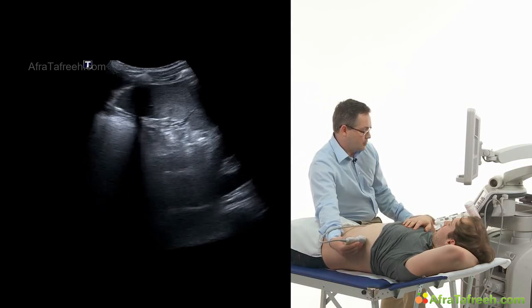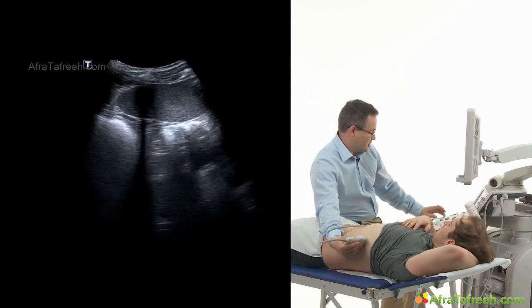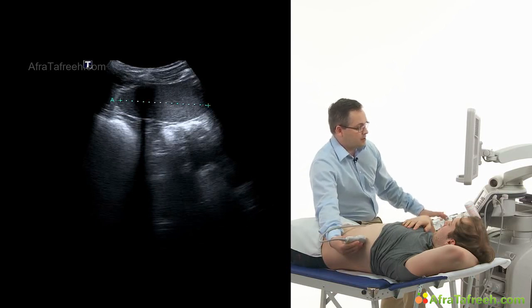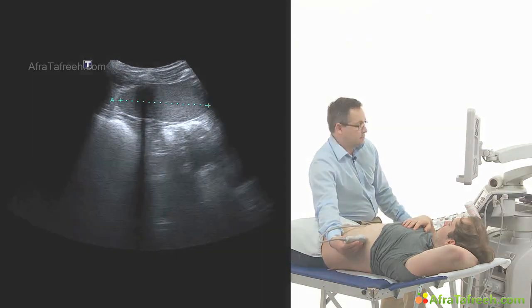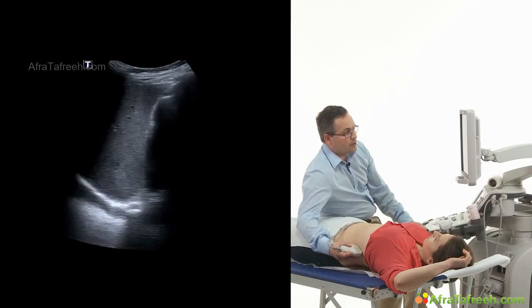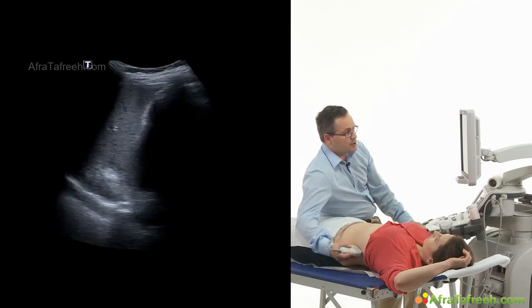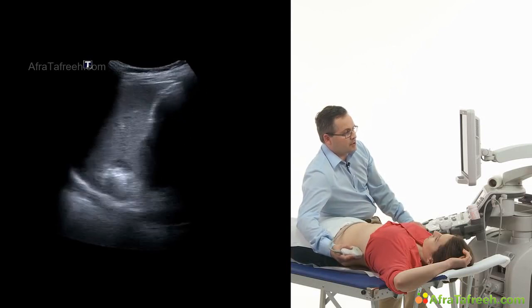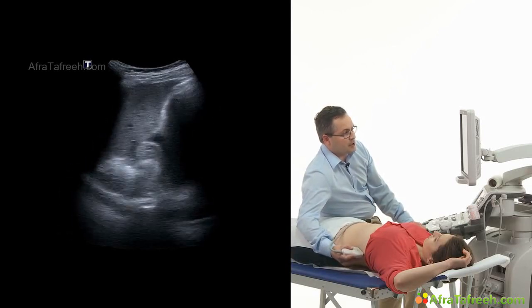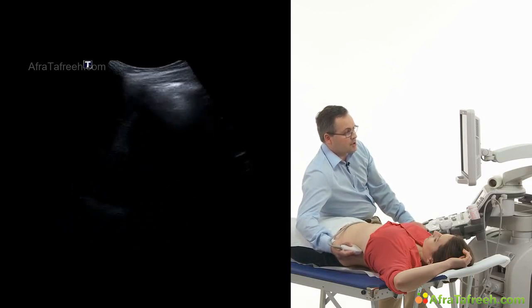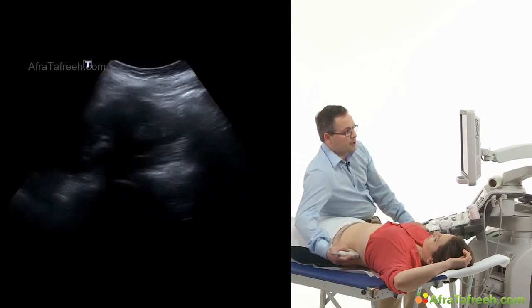We can perform the third measurement in this plane, which should not exceed 7 centimeters. It's 7.5. When we scan the whole organ, there are no focal lesions. Size is okay. So it's a healthy spleen.